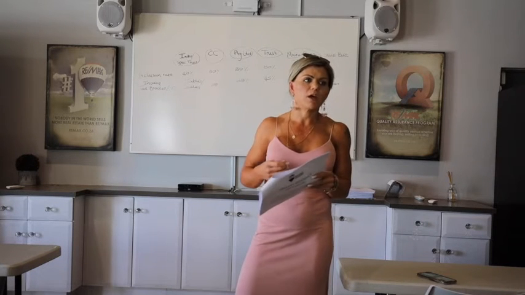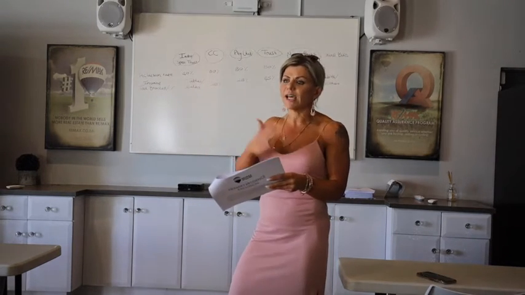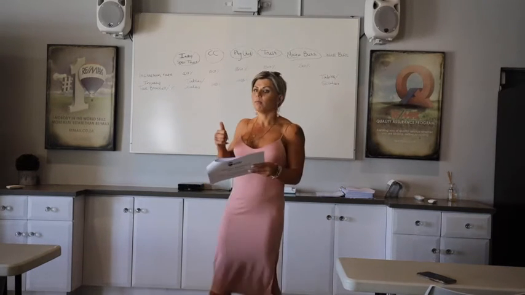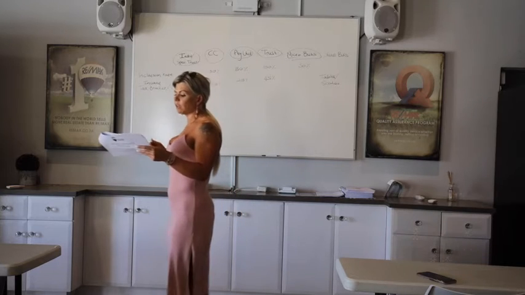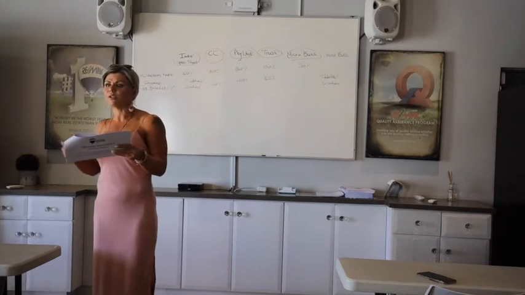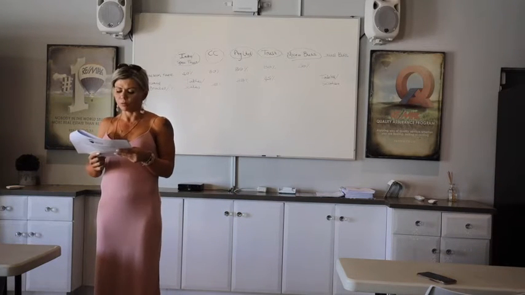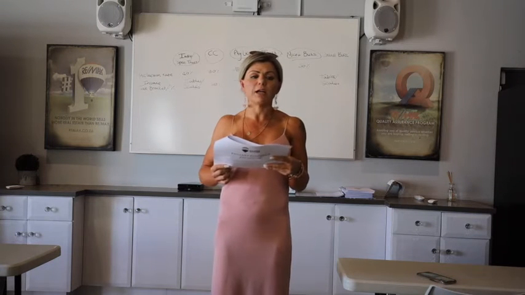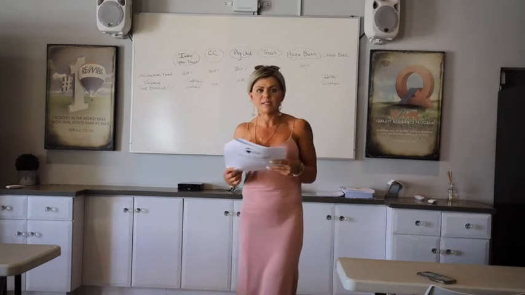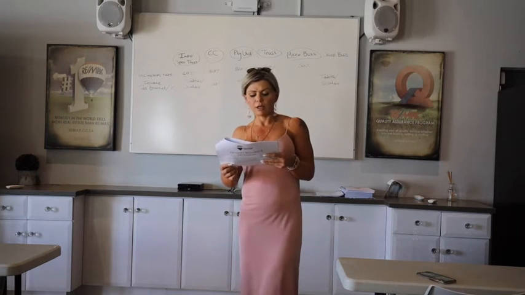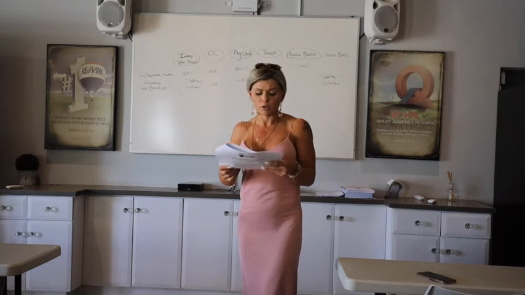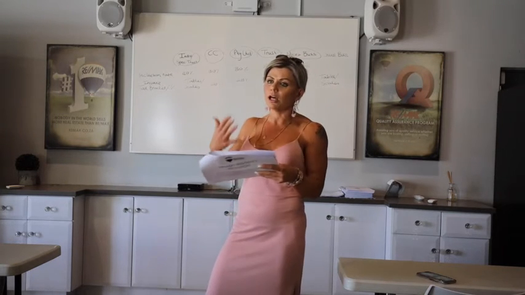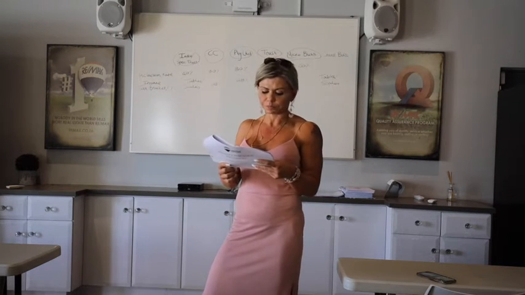SARS sees a special trust the same as an individual. So if it's an individual or a special trust, the first 40,000 can be deducted from the capital gain. If a person passes on, in other words, if it falls in a deceased estate, then that 40,000 increases to 300,000. That's only allowed if that individual passed away in that year.